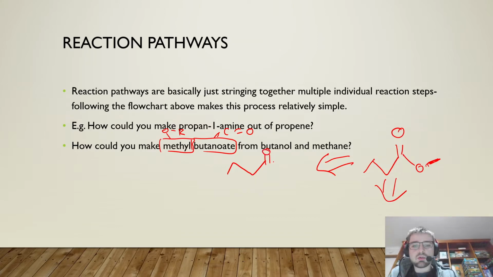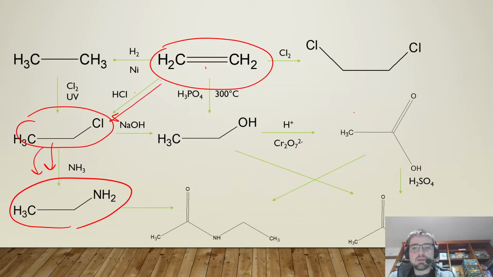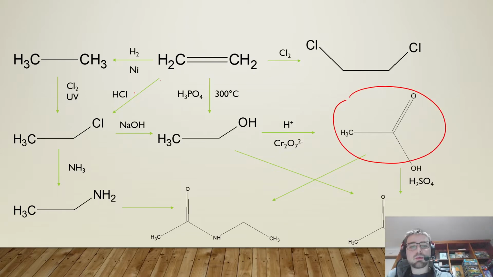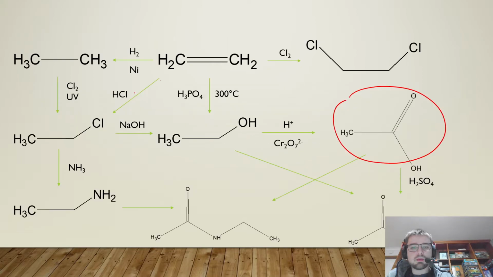So let's draw our carboxylic acid out first. We're going to need butanoic acid, and we're going to need, what's on the other side? We've got methanol. All right. So we can do these one at a time. We're going to have 2 different pathways. I'll do one in red and one in blue. So we've got butanoic acid, and we need to get there from butanol.